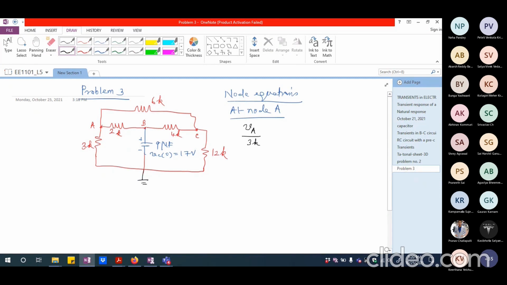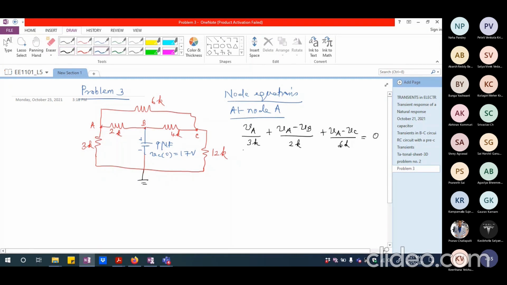And I'm going to have VA minus VB divided by 2K, and again VA minus VC divided by 6K, equal to 0. This is going to be the first equation.